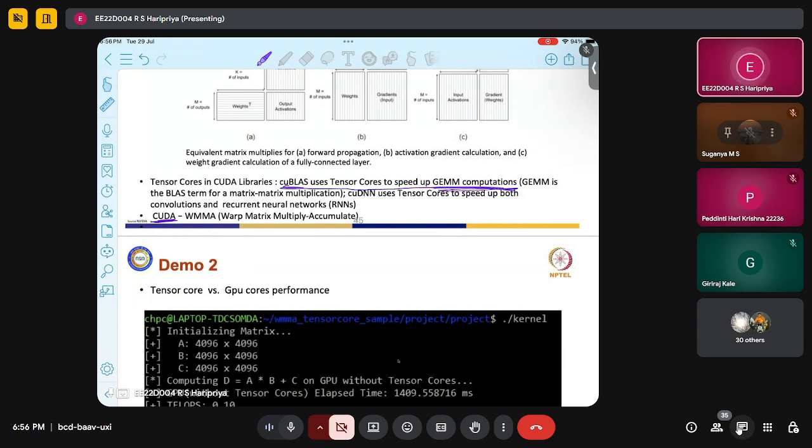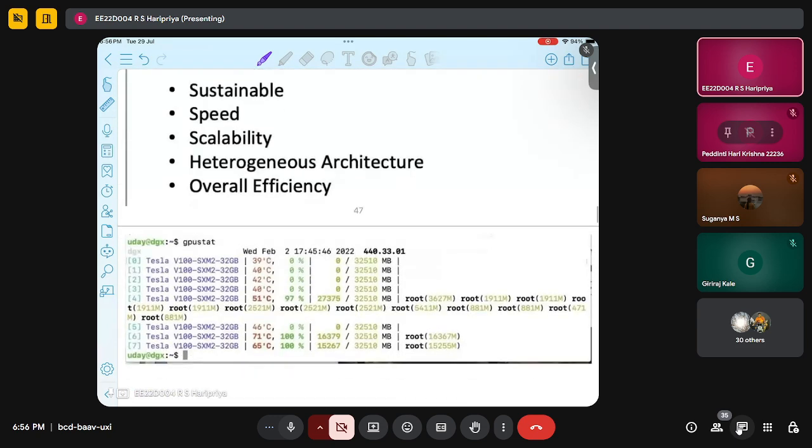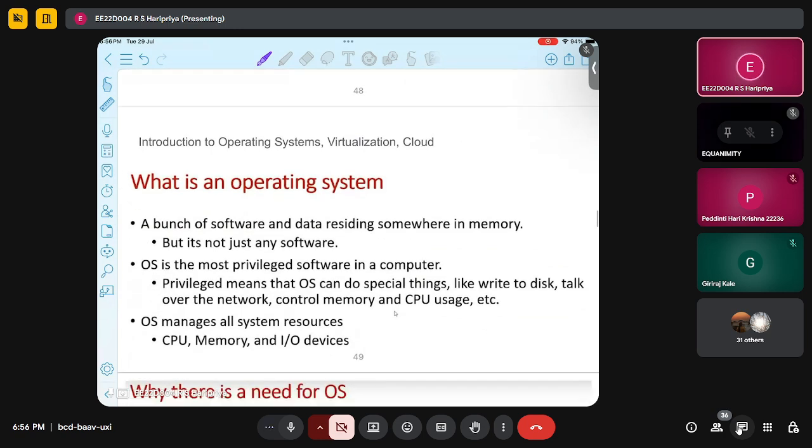Because NVIDIA provides these libraries and frameworks, it is widely used. Next, we can see that without tensor cores it takes more time compared to running on the GPU with tensor cores. Okay, next.